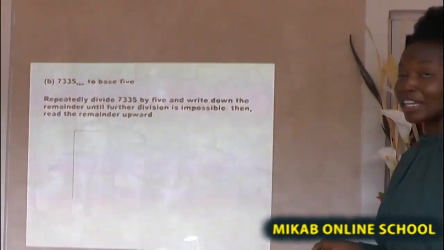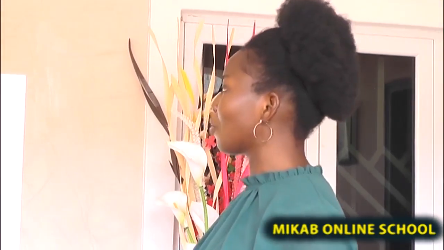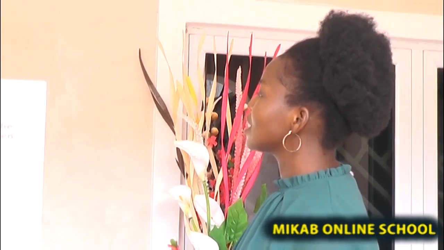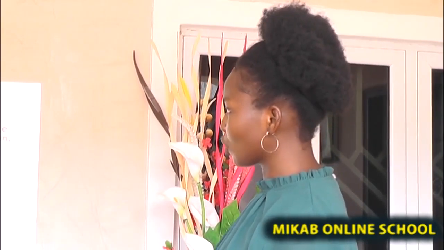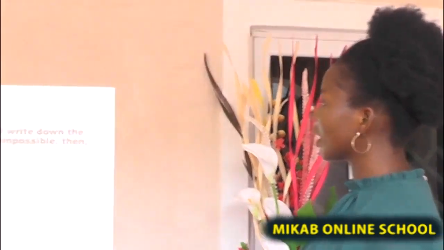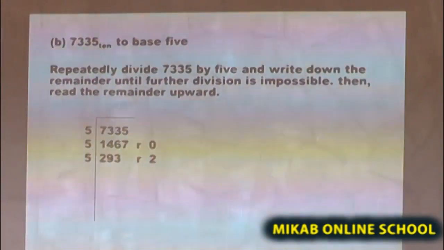I will keep dividing that base 10 number by the base I want to change into, then I'll keep writing down my remainder. So let's look at what we have. I have 7,335 in base 10 to be converted to base 5.